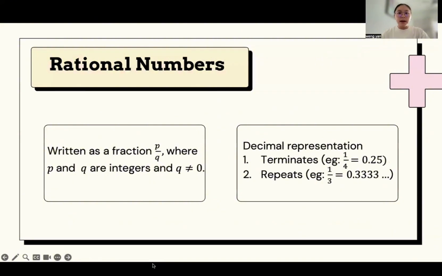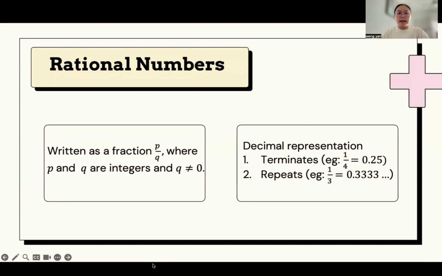Now, let's compare this with rational numbers. Rational numbers can be written as a ratio where both the numerator and denominator are integers and the denominator is not zero. For example, 1/4 can be written as 0.25, which is a terminating decimal, meaning the decimal expansion ends.